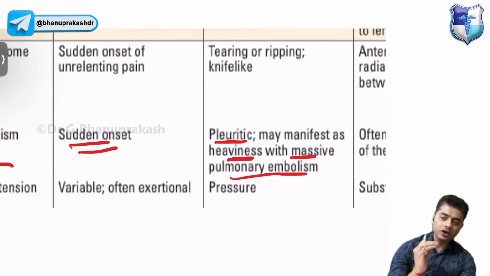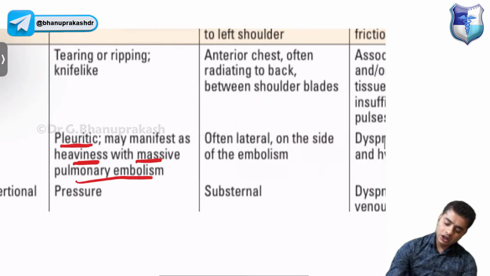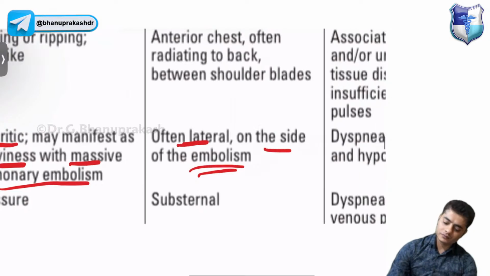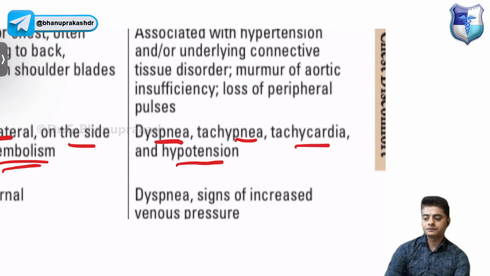Because massive pulmonary embolism behaves like MI. That's why in massive pulmonary embolism you get heaviness, which is often present laterally, on the side of the embolism, and presents with dyspnea, tachypnea, tachycardia, and hypotension.